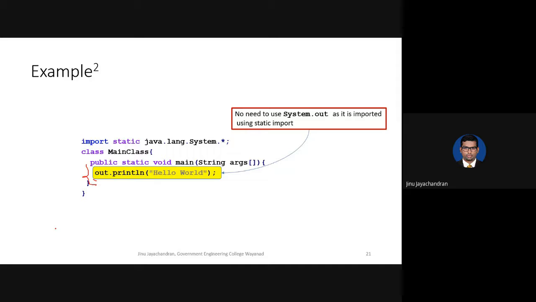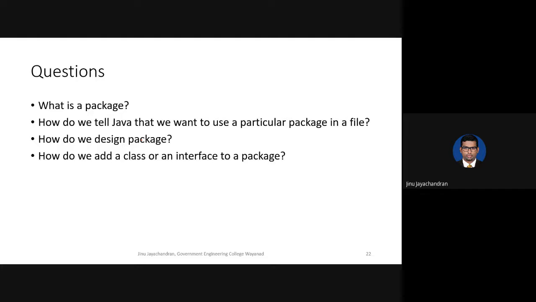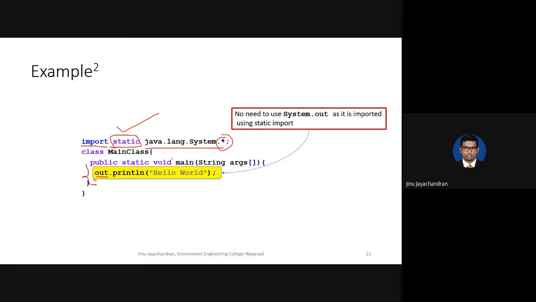What it means is you can just say import static java.lang.System. Either you can say System or System.*, both are the same. Then you can directly access out.println. So this is what is called a static import, where you are accessing the static function by doing a static import.